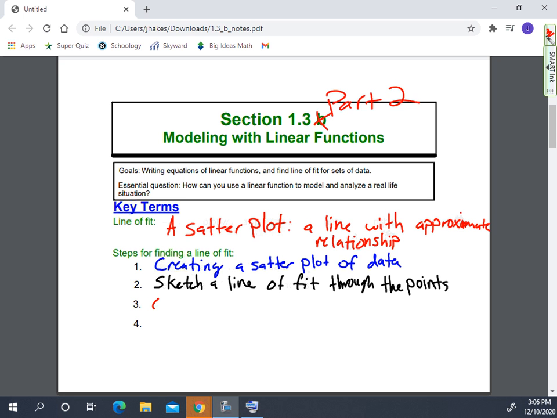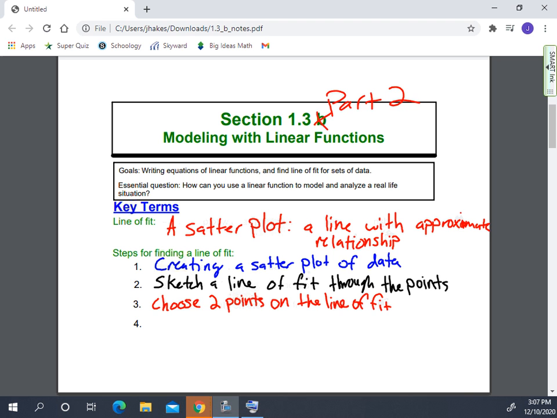We are going to choose 2 points on the line of fit. Okay, so on that line that we drew through our points, we're going to choose 2 points on that line, not necessarily 2 points of the points we graphed, but 2 points on that line.